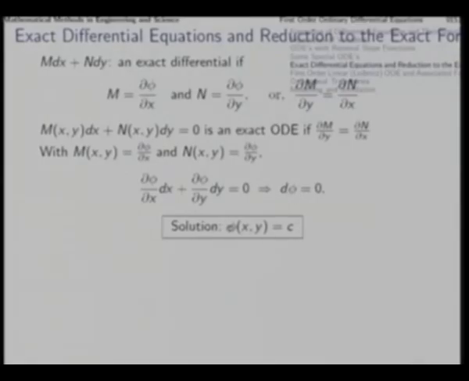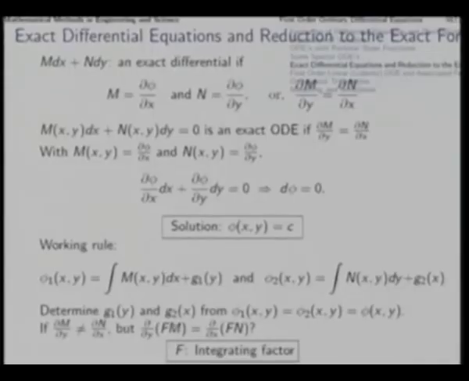Now, sometimes it happens that the differential equation in hand is not exact, but multiplication with something will make it exact. Now, this is a little working rule for integrating this when you have m and n separately. While integrating, the first round you integrate this partially with respect to x, considering y as constant for the time being, and therefore, in the constant of integration you include an arbitrary function of y.